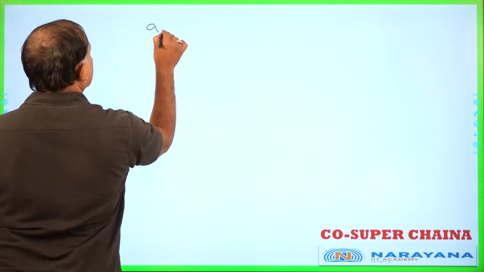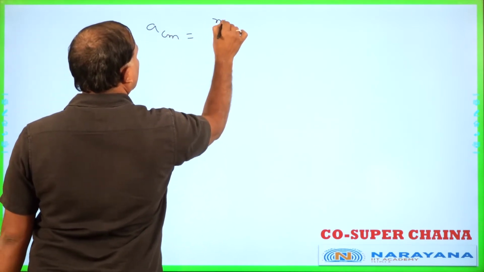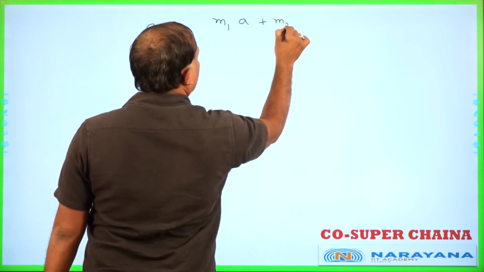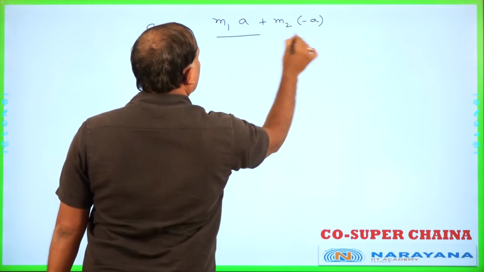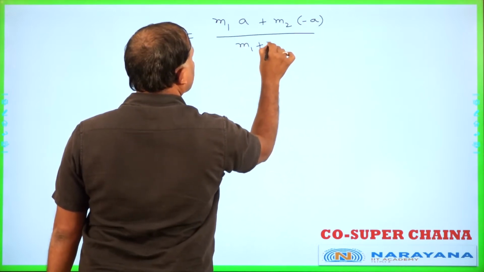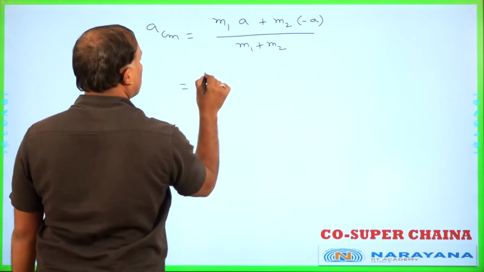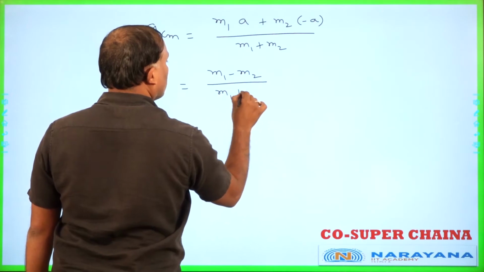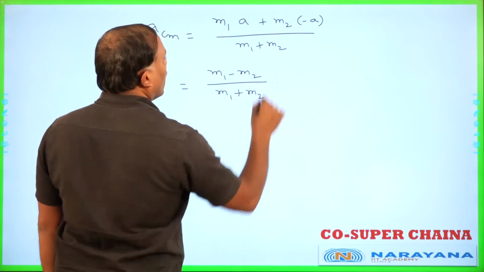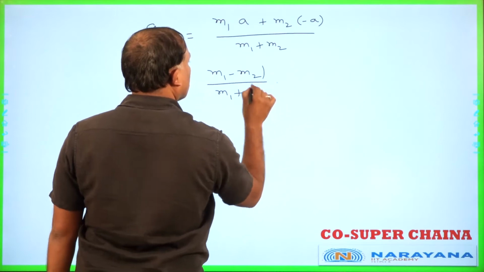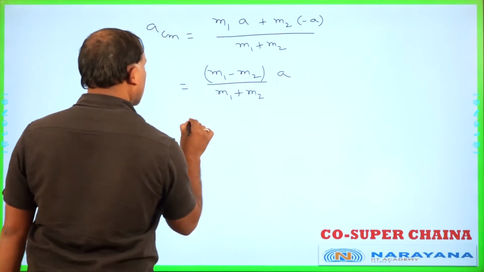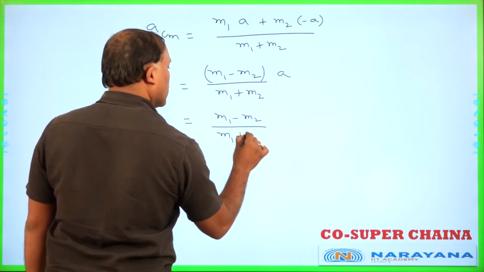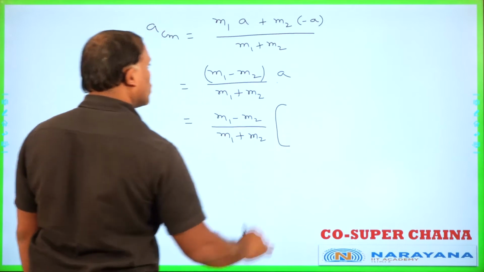Acceleration of center of mass is equal to m1 times a plus m2 times minus a, by m1 plus m2, which is m1 minus m2 by m1 plus m2 into a.